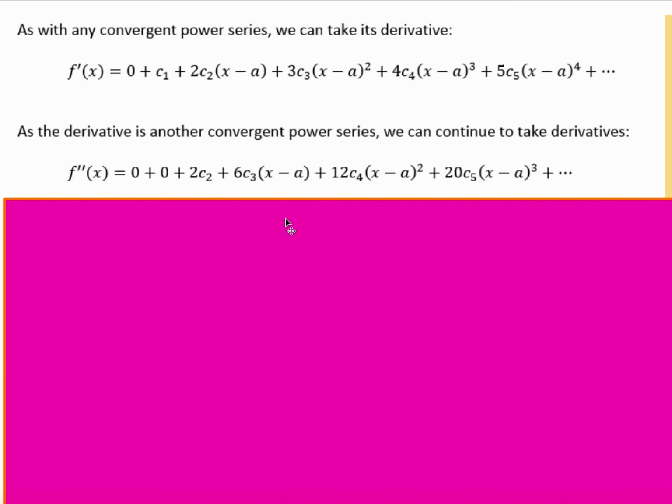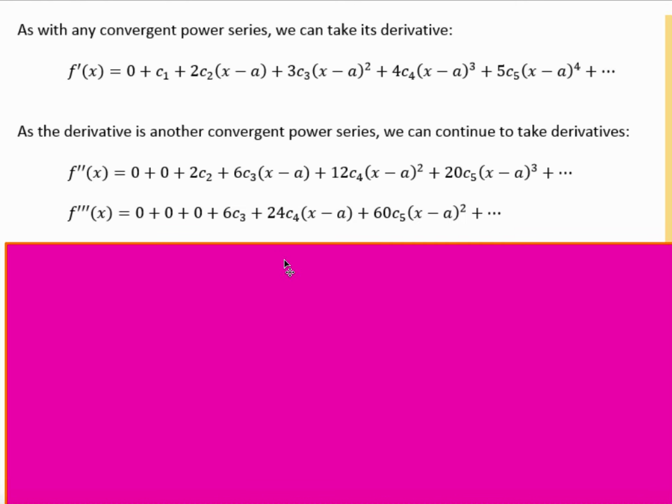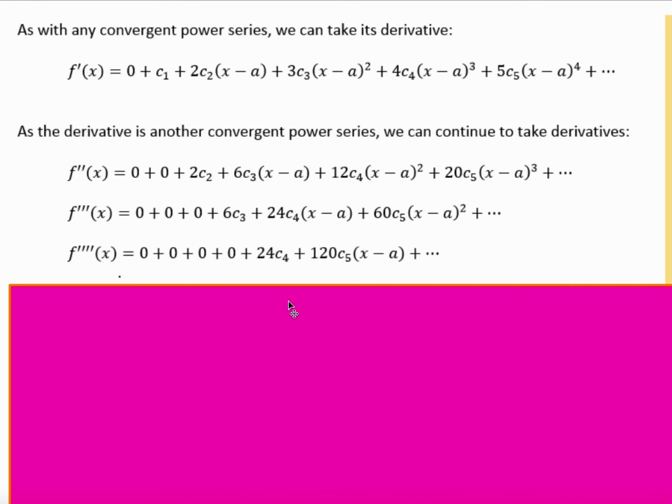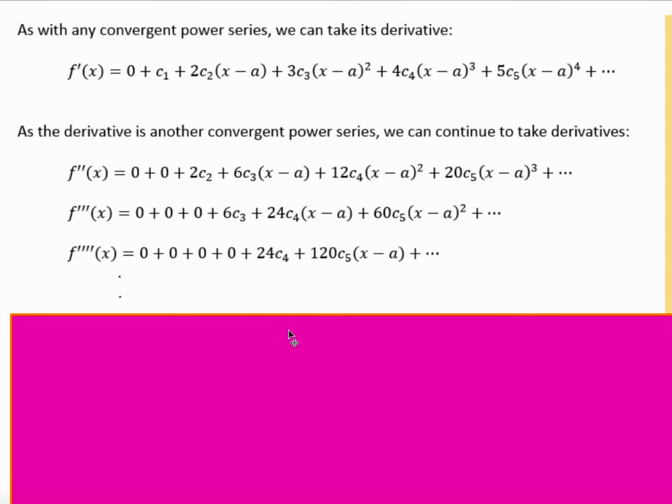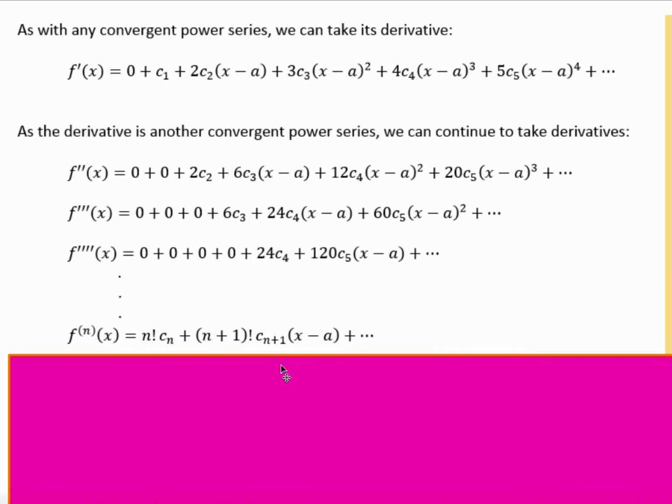And you don't have to stop there, because I'm deriving again and again. So now we're at the fourth derivative, and we can keep on doing this n number of times. We can find the nth derivative. As many derivatives as we want to take, we can keep going and going.